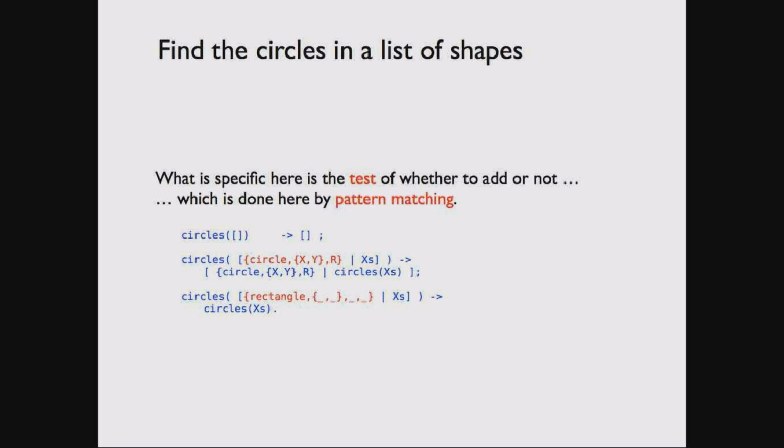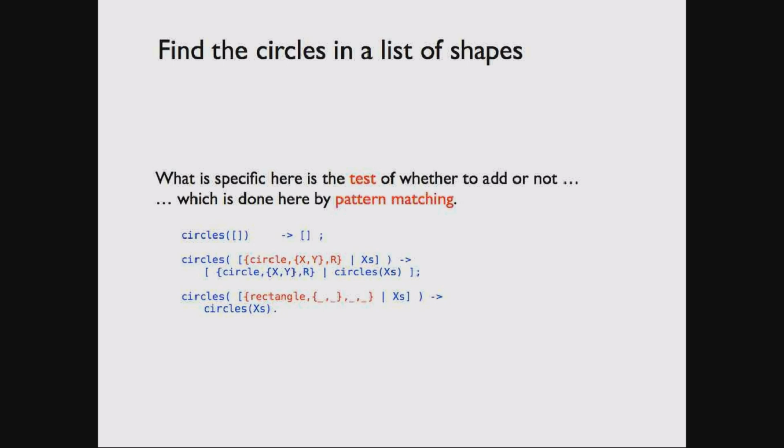Now if we just take a look at this, you can see that what is specific here is this particular application of pattern matching. That's where we distinguish between circles and rectangles. Everything else is boilerplate. We take circles, take an empty list to an empty list, and what we do on the tail of our non-empty list is always apply the same function again. It's just a standard recursion pattern there.